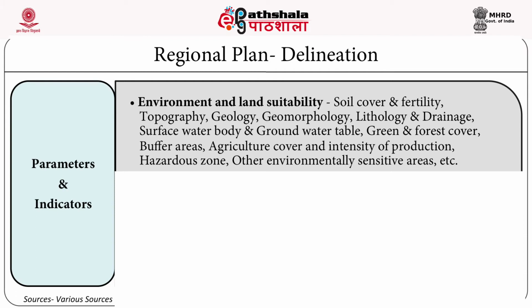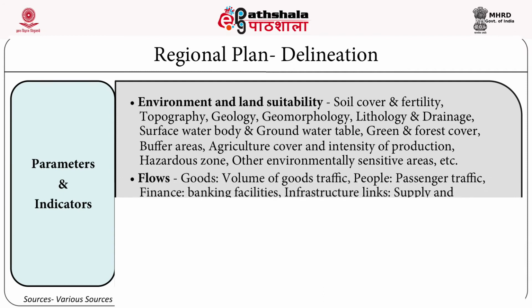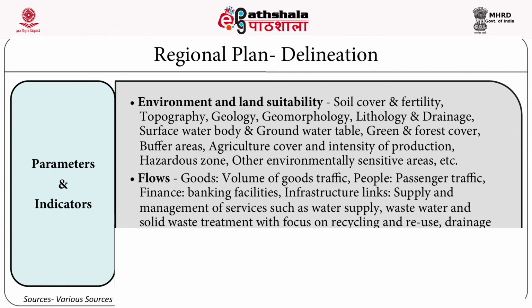Then we also have to know what is happening within the region in terms of the flows. For example, the goods movement, the volume of goods traffic, then the people's movement, the passenger traffic, so traffic volume we require.